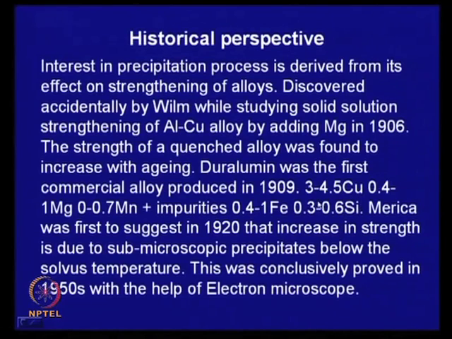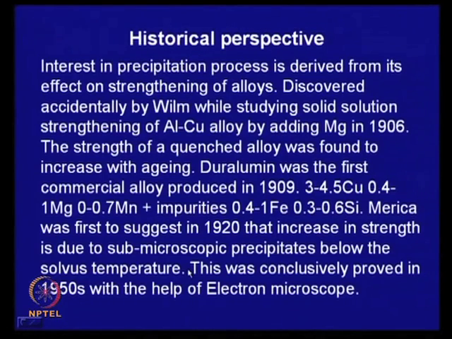At that time, to look at the microstructure only the optical microscope was available. Now, Merica was the first to suggest in 1920 that the increase in strength is probably due to some submicroscopic precipitate which forms below the solvus temperature. But this was only a surmise.